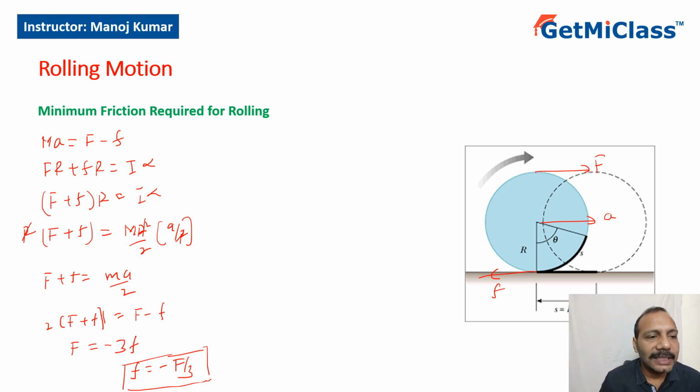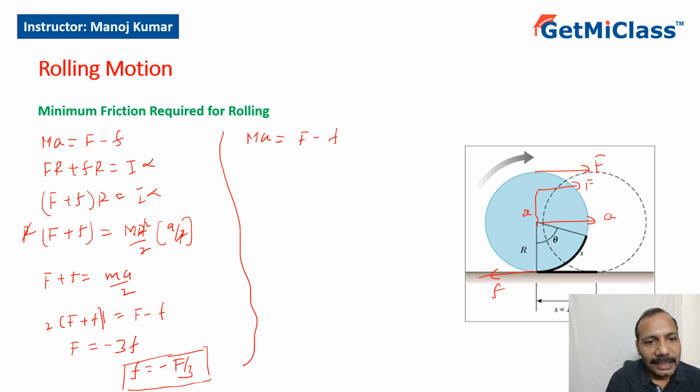If I want to generalize what we have done for a solid cylinder, let's say I apply the force at a distance x from the top and the moment of inertia is I. In that case, I'll get, as usual, Ma equal to F minus f, and torque will become Fx plus f into R equal to I into alpha. Alpha I'll directly write as a by R.